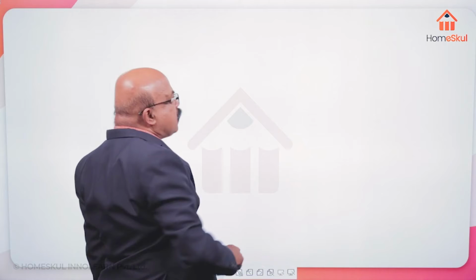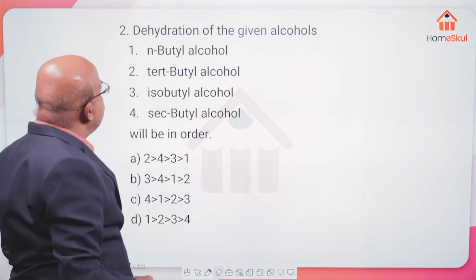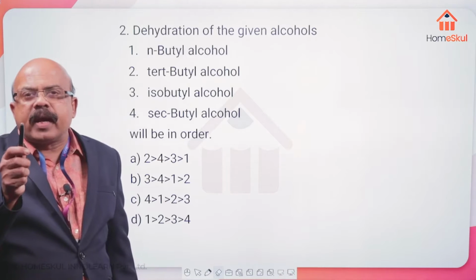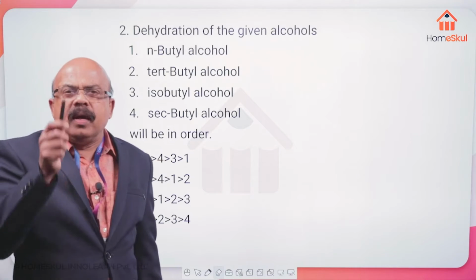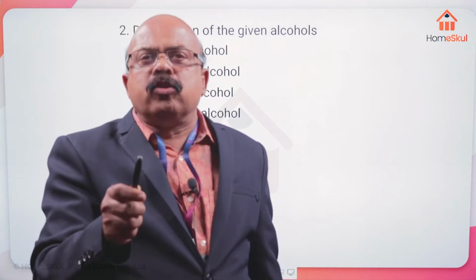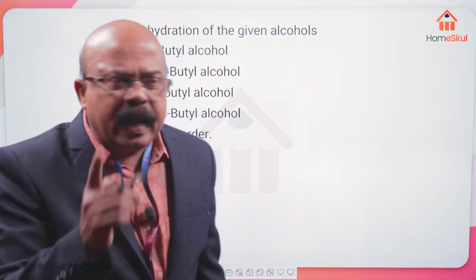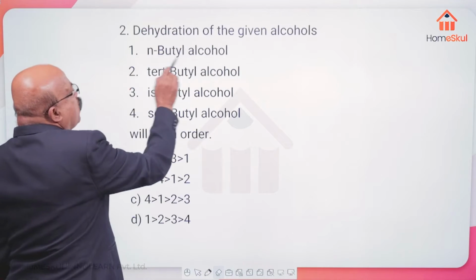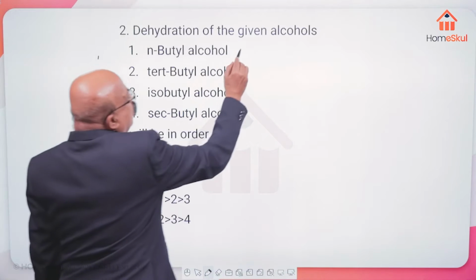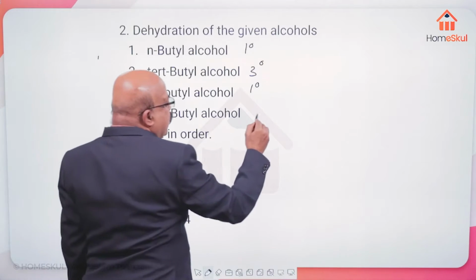Remember that during the dehydration of alcohols, reactivity of alcohols is proportional to the stability of the carbocation. Any alcohol that can give a more stable carbocation undergoes this reaction faster. We know the stability order of carbocations: tertiary greater than secondary greater than primary. Among these, normal butyl alcohol is primary, the second is a tertiary alcohol, the third is a hindered primary, and the fourth is a secondary alcohol.